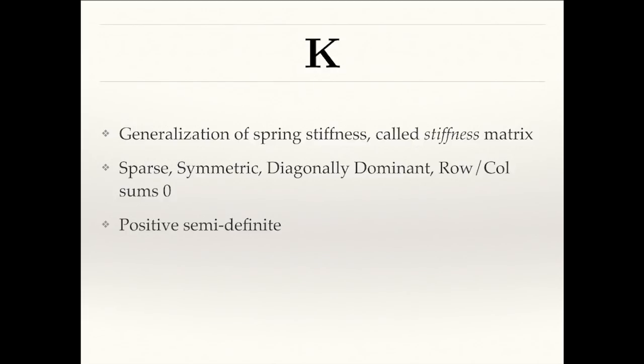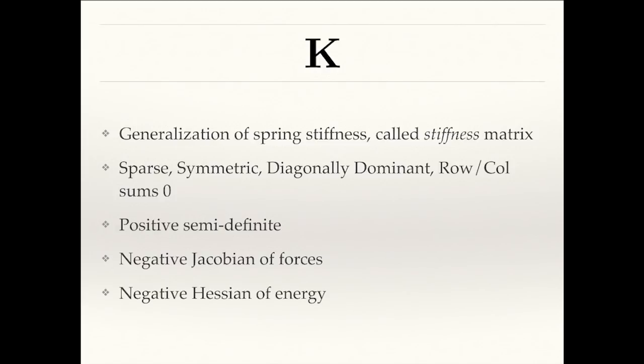The semi-definite comes out because the matrix is insensitive to rigid body modes, so both the translations I just mentioned, but also rotations. It can be expressed as the negative Jacobian of forces or the negative Hessian of energy. Mathematically, K is equal to the negative partial derivative of forces with respect to the degrees of freedom positions.